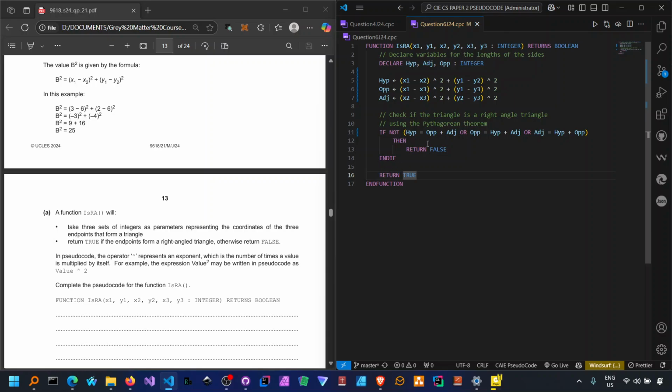So should this condition not be met, it's going to return false. Otherwise, if the condition is met, it will return true. The fail fast approach, or the early return technique, allows us to quickly return a result, and it's also going to make our code easy to read.